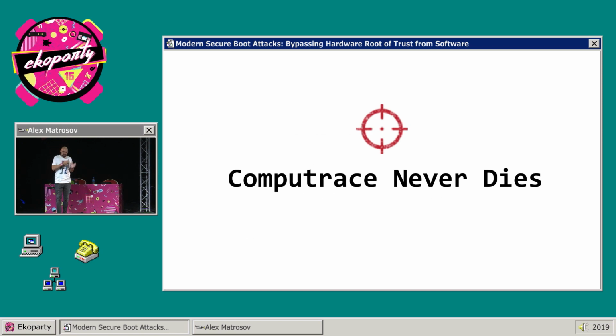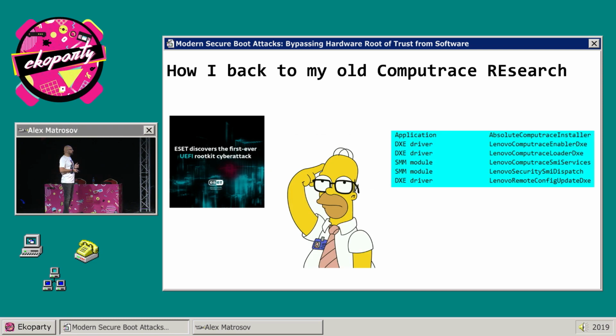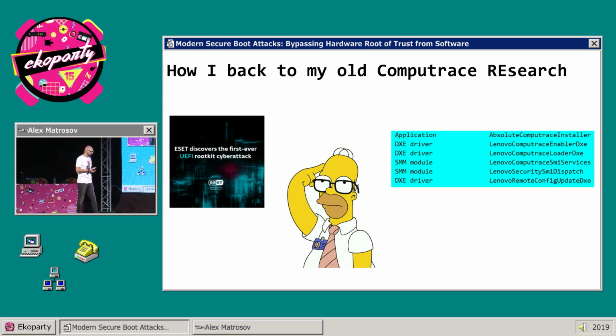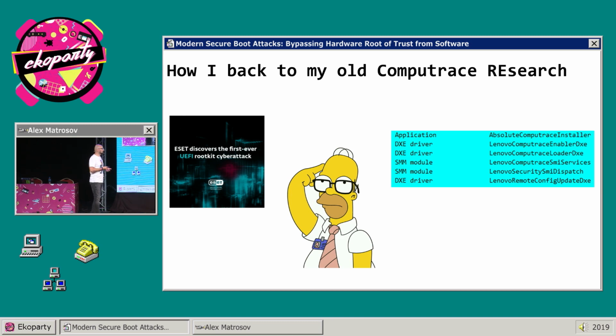But let's get back to Computrace. Why is Computrace interesting? First of all, last year ESET discovered the rootkit LoJax, which is based on this technology to persist inside the system.